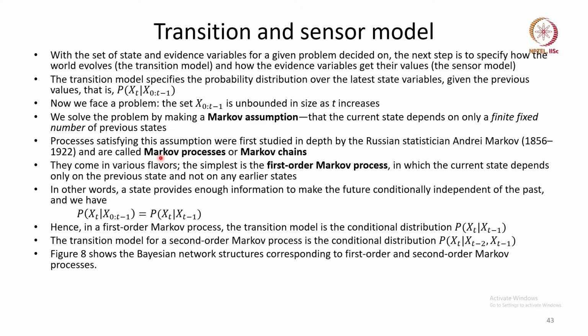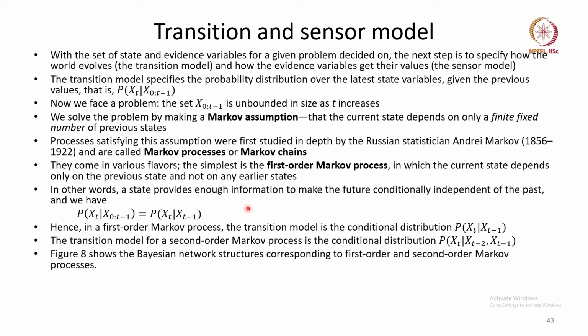When you do this, it is known as a Markov process or a Markov chain. When you are taking only the previous variable, it is called a first order Markov process. In other words, probability of X_t given X_0 to t minus 1 is equivalent to probability of X_t given X_t minus 1.